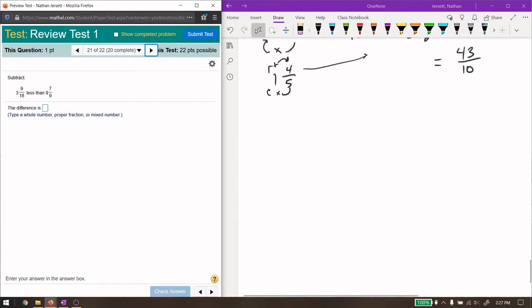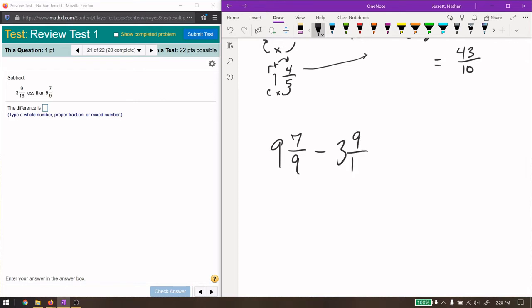Subtract. 3 and 9/18 less than 9 and 7/9. The English way of saying that is very weird, but really what we're doing is taking off 3 and 9/18 from 9 and 7/9.